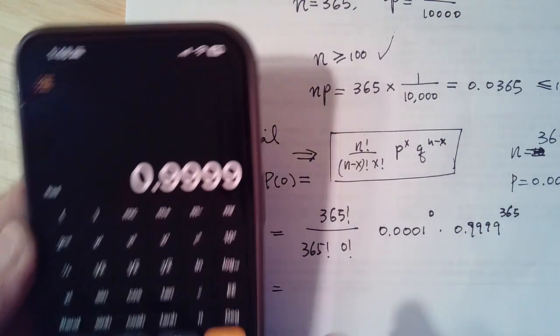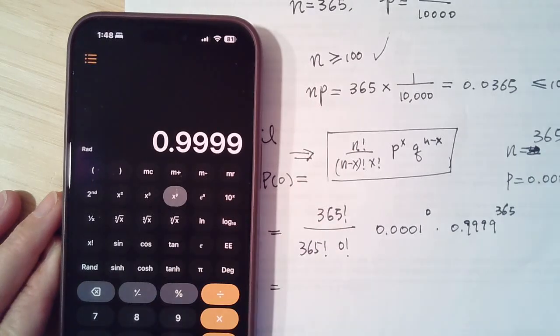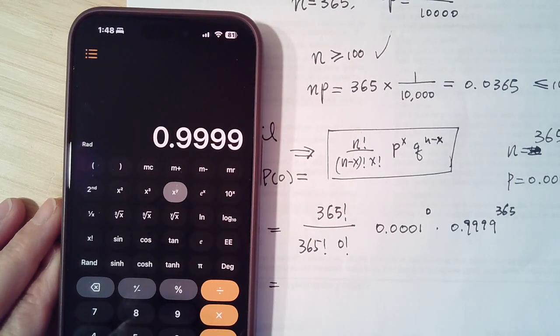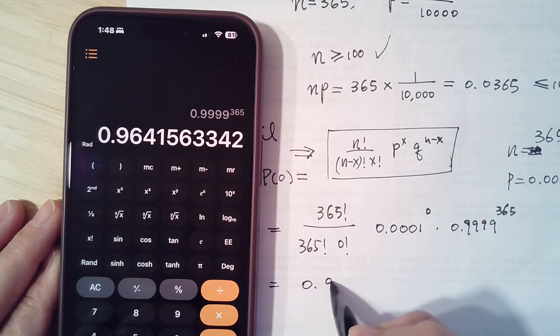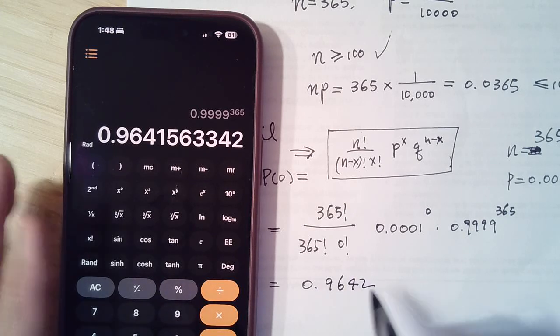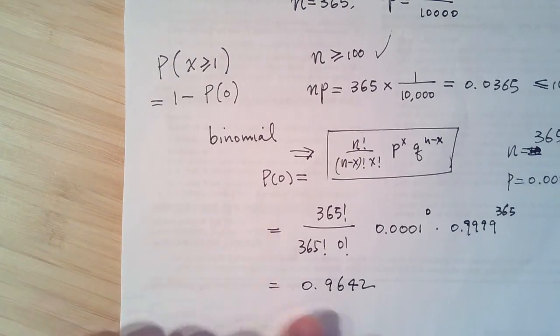So the answer is 0.9642. That means you have a really big chance, 96.42%, that you're not winning anything for the whole year.